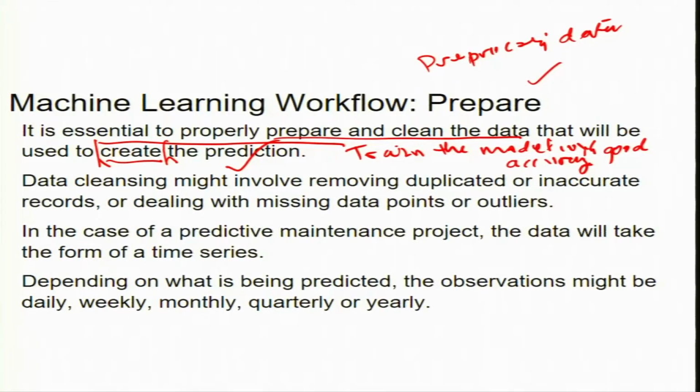The next step in data preparation is data cleansing, which might involve removing duplicates, noise or inaccurate data, and dealing with missing data or sometimes outlier data, making it work for training the model accurately.